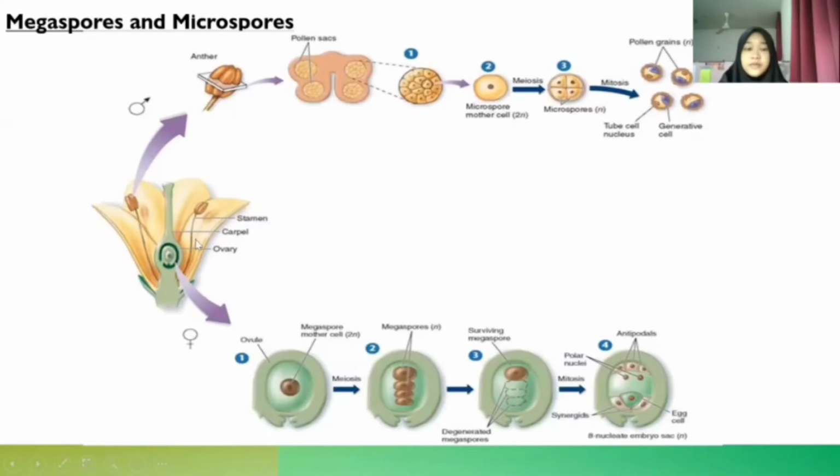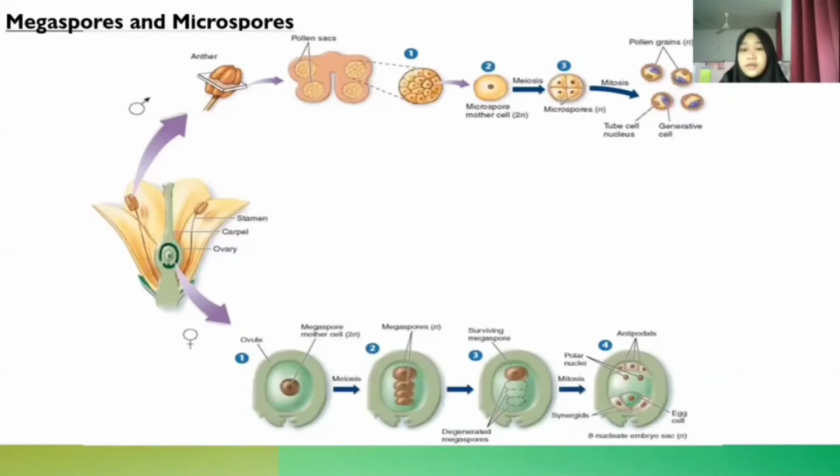The development of the megaspore takes place in the ovule. A megaspore mother cell will undergo meiosis to produce 4 haploid megaspores. Eventually, only one functional megaspore will survive, while the other 3 megaspores will disintegrate.